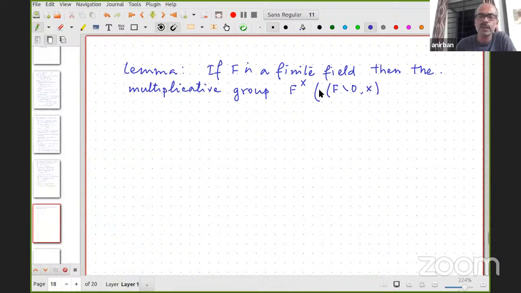Rather than writing this full thing again and again, I'll just write this. It simply means F without the additive identity, so all non-zero elements under multiplication. That's a multiplicative group, and this lemma says that this multiplicative group is always cyclic.